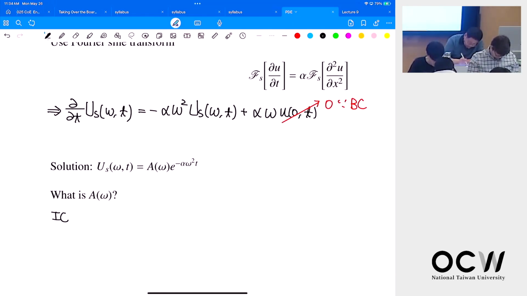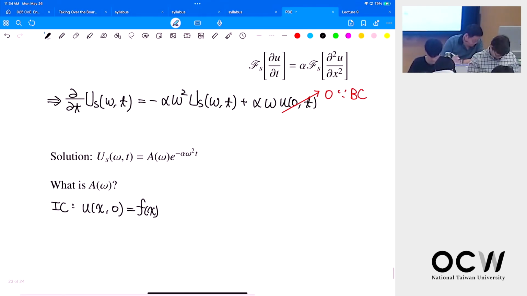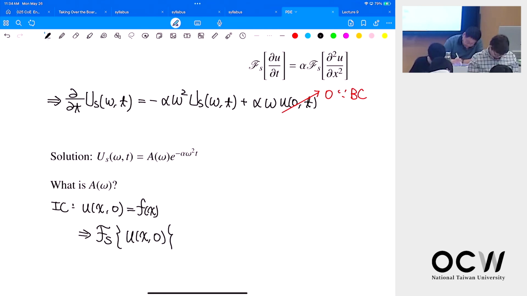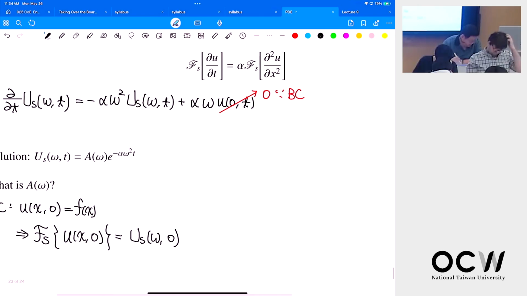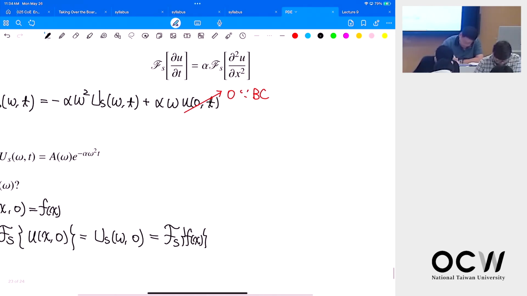So for the initial condition, if we take the Fourier sine transform, we have u(x,0), that should be U_s(omega, 0), and then the right hand side will be the Fourier sine transform.